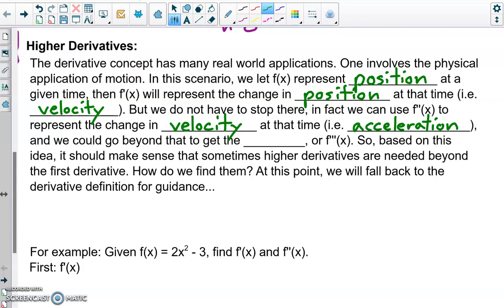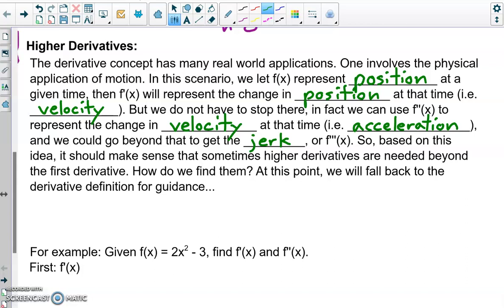And in fact, you can go beyond that to get the jerk, as they call it, which is your third derivative, your f triple prime. So based on this idea, it should make sense that sometimes higher derivatives are needed beyond the first derivative. If you're modeling motion, you got to use position, you got velocity, you got acceleration, you got jerk, and from what I understand, there's even one beyond that.